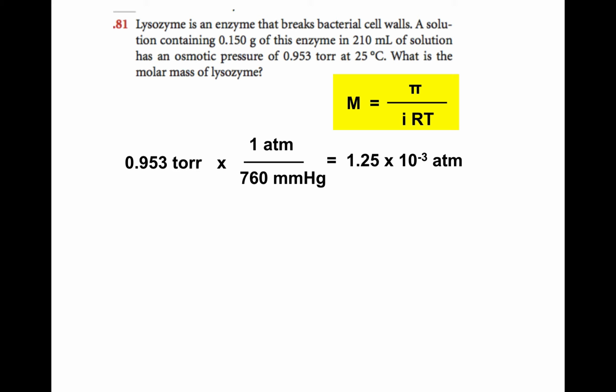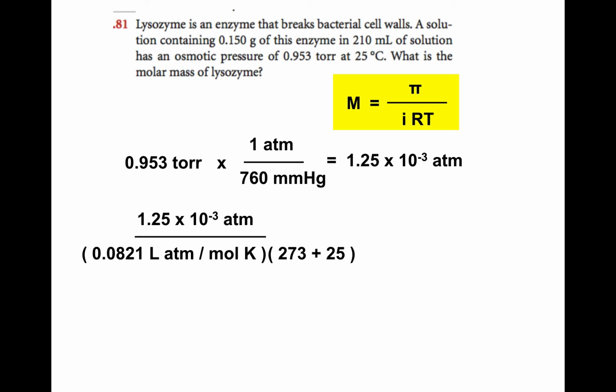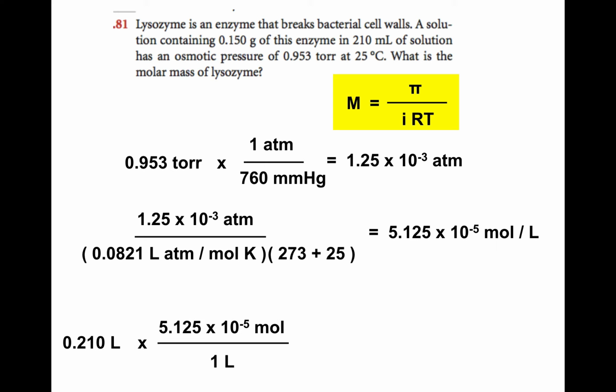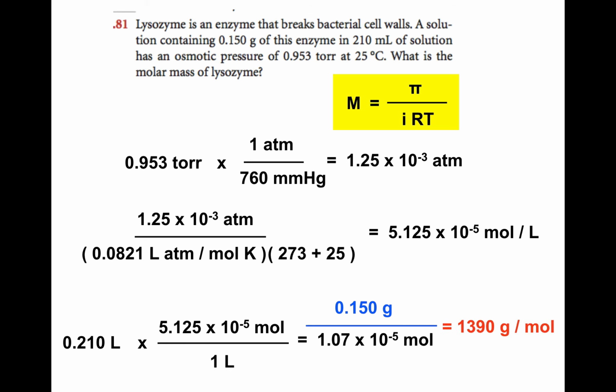Now I can plug this into the rearranged osmotic pressure expression and solve for the molarity of the solution. They told me what the volume was, so get it in liters. So 0.11 liters multiplied by the molarity gives me moles of lysozyme. This many moles of lysozyme weighs 0.15 grams. So I divide moles into grams to get the molar mass. Lysozyme is a very large molecule.